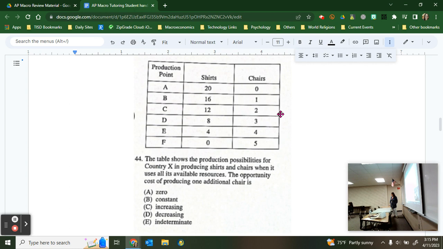But a constant PPF curve, well, that's basically the same resources. So here, the same FOPs are used to make X and Y. So it's going to be the same ratio. The slope is constant.